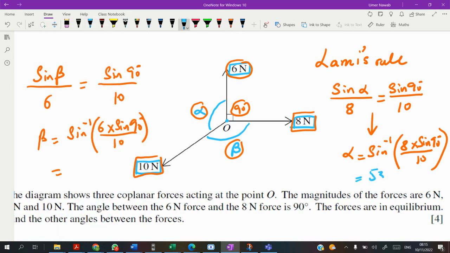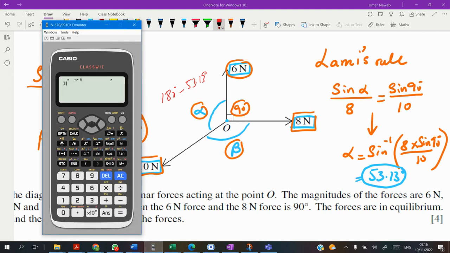So in the exam you get 53.13, but this is not my alpha. My alpha should be 180 minus 53.13. This is what I am teaching you, how to get an obtuse angle from an acute angle. So 180 minus the answer.